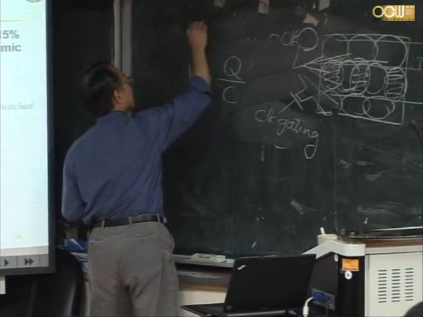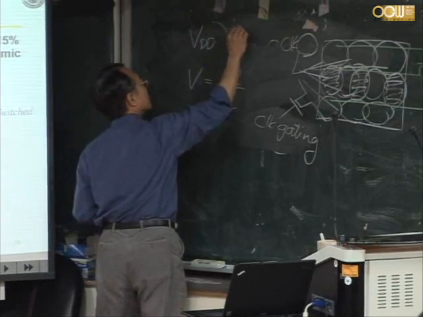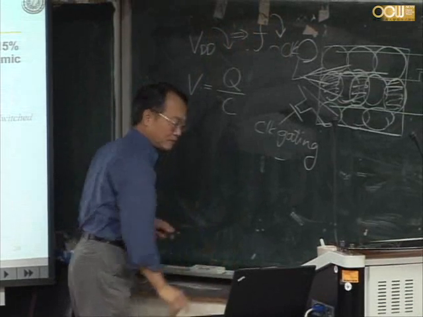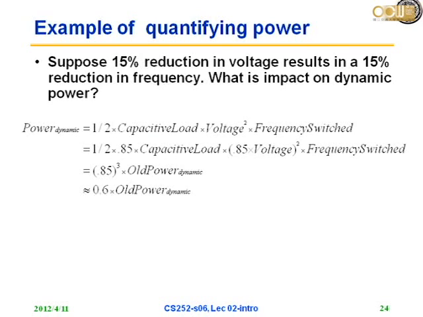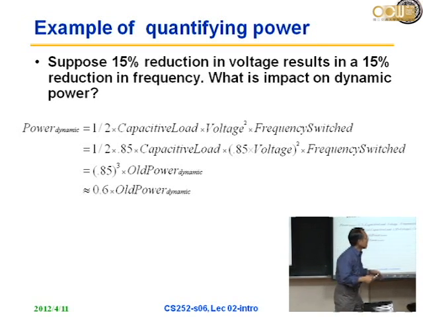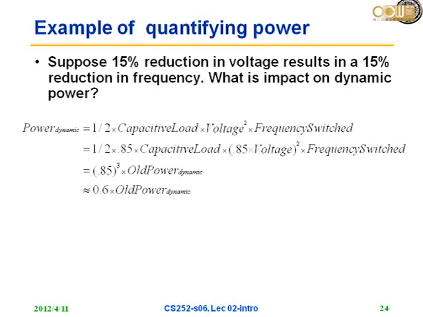I mean, if you lower the VDD supply voltage, then you need to lower the frequency accordingly. Okay? So have you heard of a new term called voltage and frequency scaling? Okay? In a circuit, maybe I don't do gating.